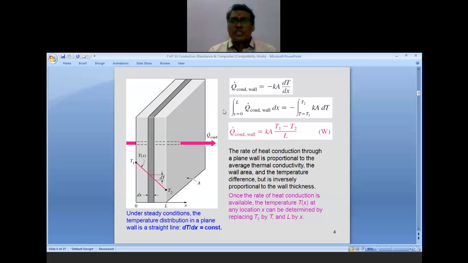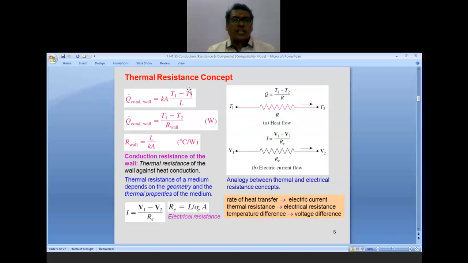After integration of this, you will get KA into T2 minus T1, and the minus sign is manipulated so that it becomes T1 minus T2 upon L. So this is our heat conduction equation after the integration. Now this is the temperature difference, and the rest of the things are constant, that is L upon KA. This L upon KA is called the wall resistance. This is the resistance through the material, the conduction resistance of a wall, the thermal resistance of the wall against heat conduction.